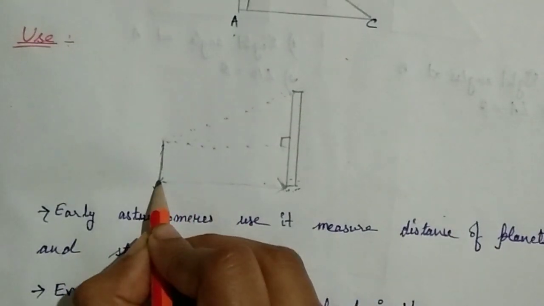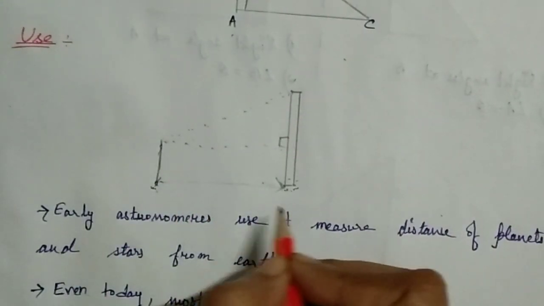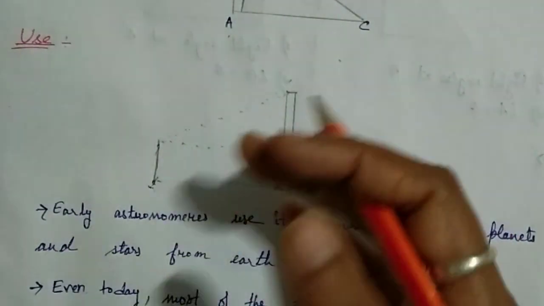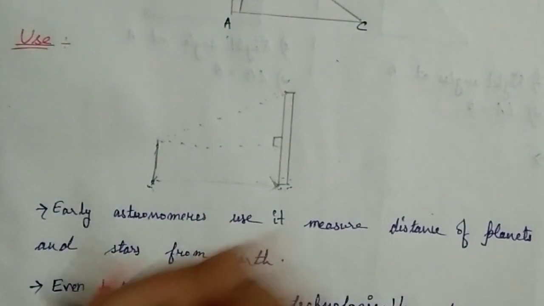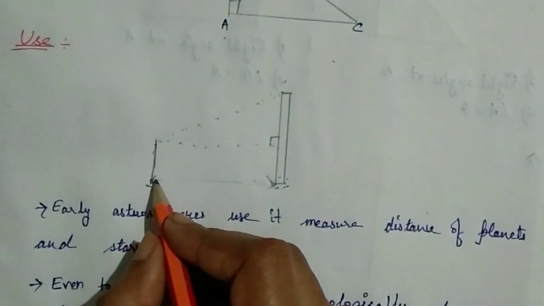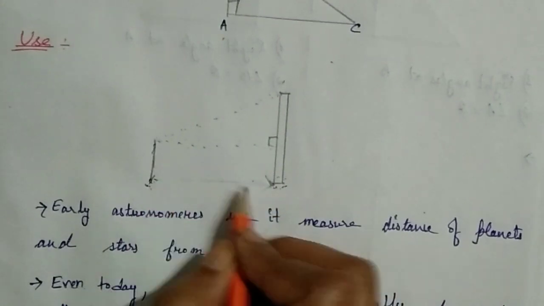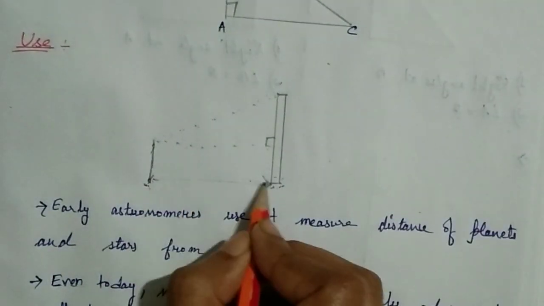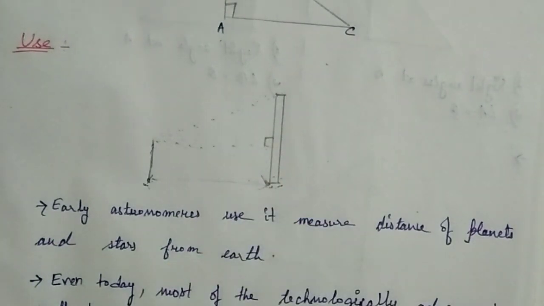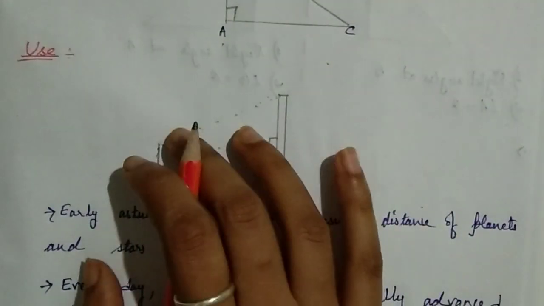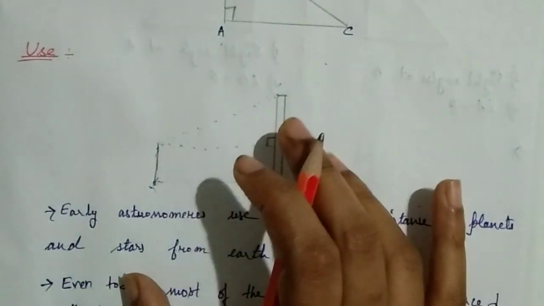If we know the distance between these two points, then by using trigonometry we can find the height of the building without even measuring it. Or if we know the height of the building, then we can find the distance between these two. Or if we know the height of the building and the distance between them, then we can find the height of the person. So this is the main concept, and because of this trigonometry is used.